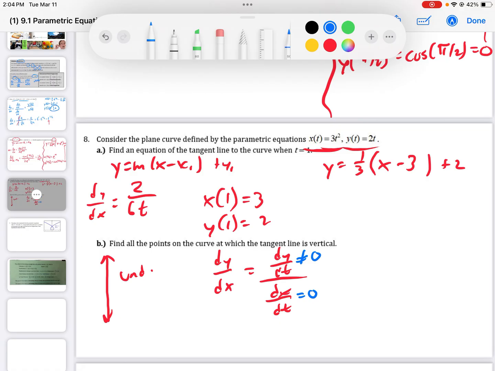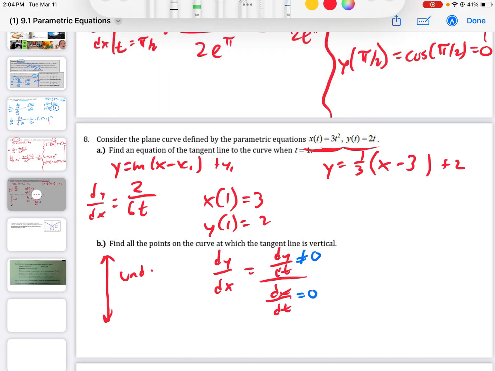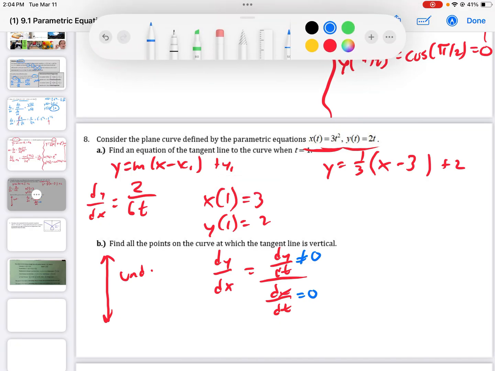So what I have to do now is find when the derivative of x is equal to 0, and as long as the derivative of y is not also 0, then that's where I get undefined slope. If I had a horizontal tangent line, horizontal tangent lines are when the slope is 0. So dy dx would be slope 0 when dy over dt was equal to 0, but dx dt is not.